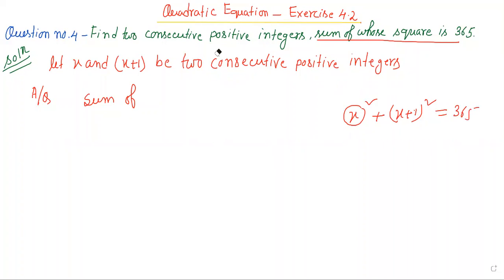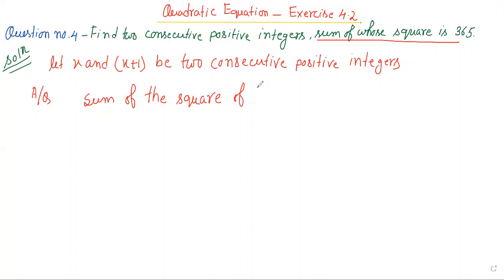So according to the question, the sum of the squares of two consecutive integers.